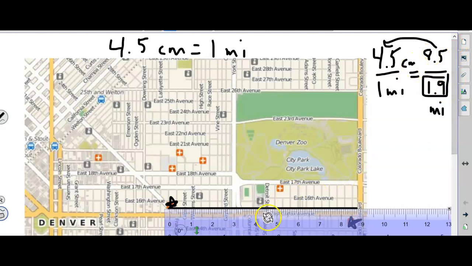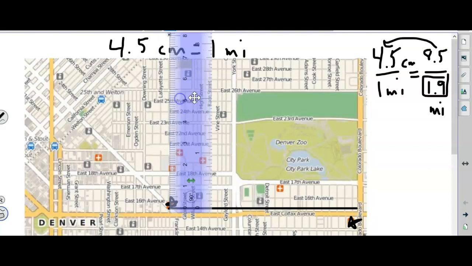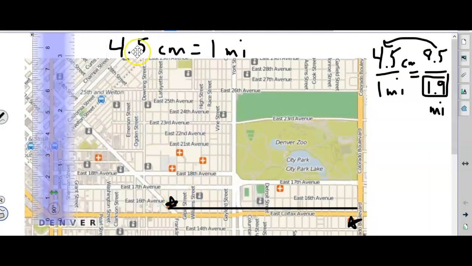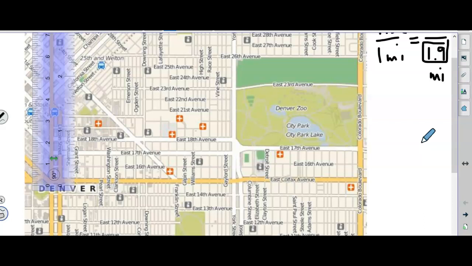The next thing we looked at was, let's say that, we'll delete this. Okay, and so the one we did in class was this. I live right here.